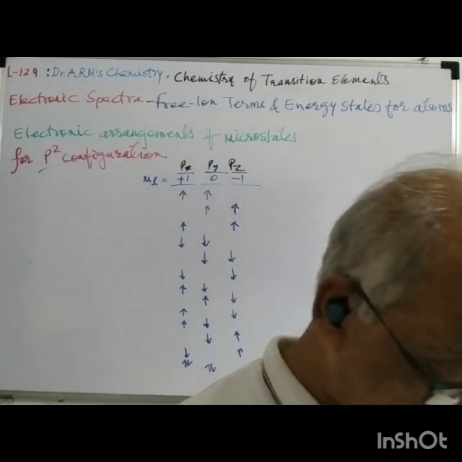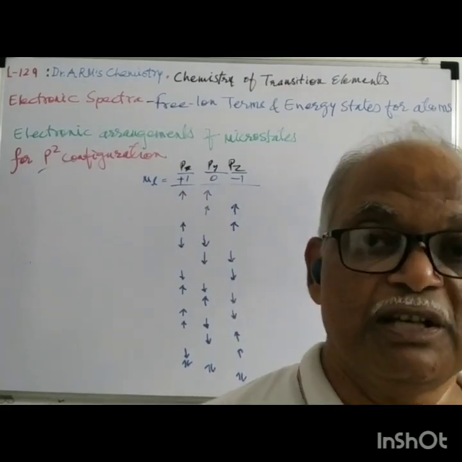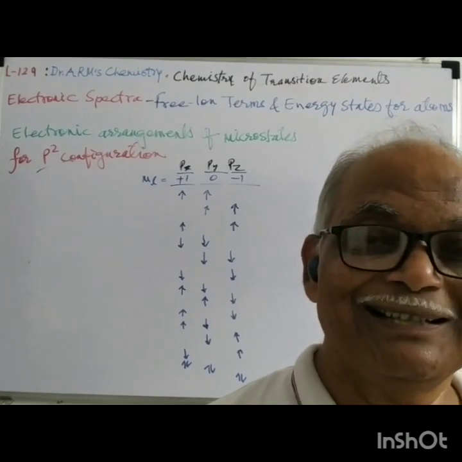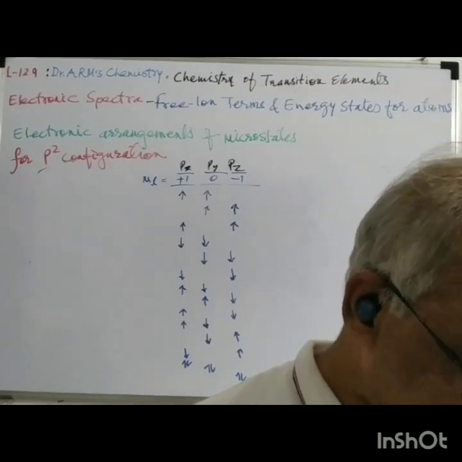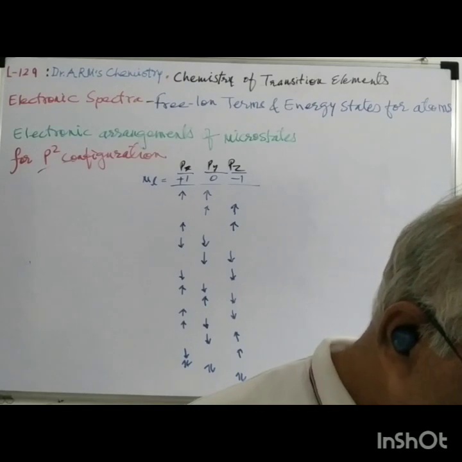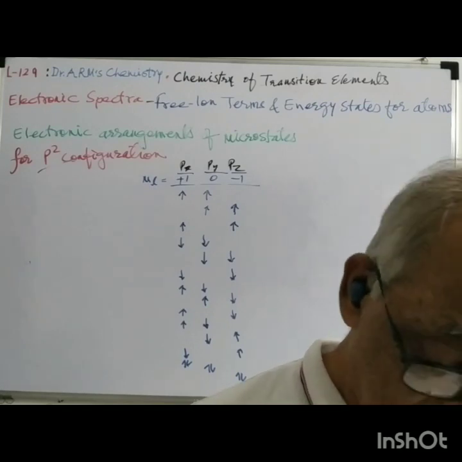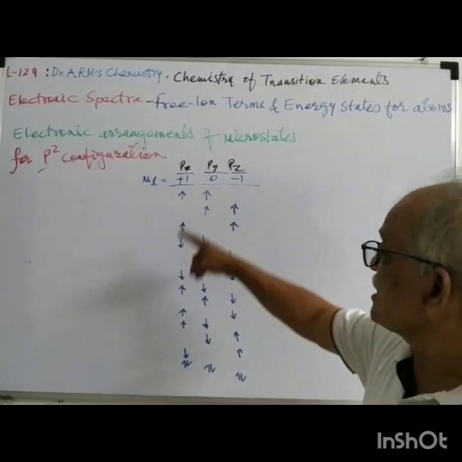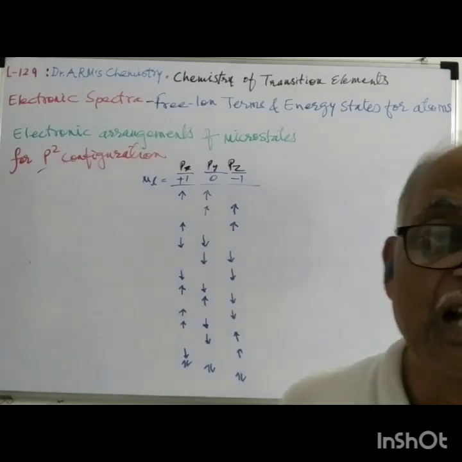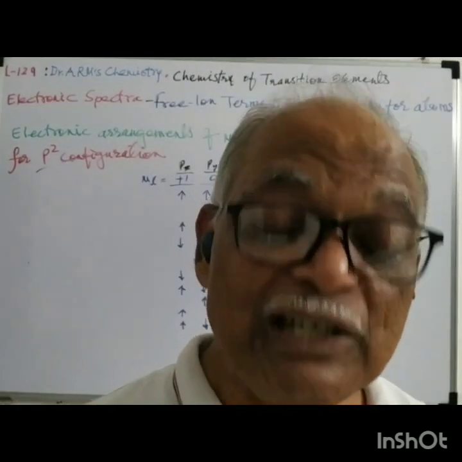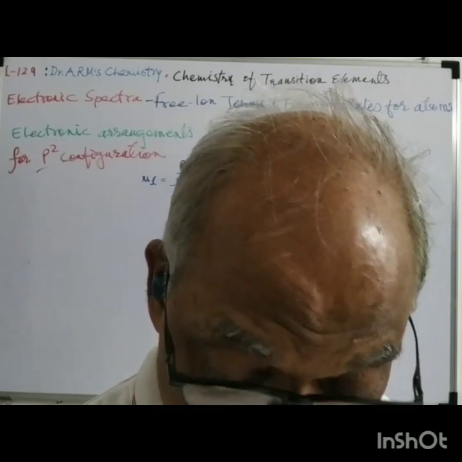This can be seen by using the different ML and L values or J values, in which we are choosing the electronic state in which the S value and L value are maximum.